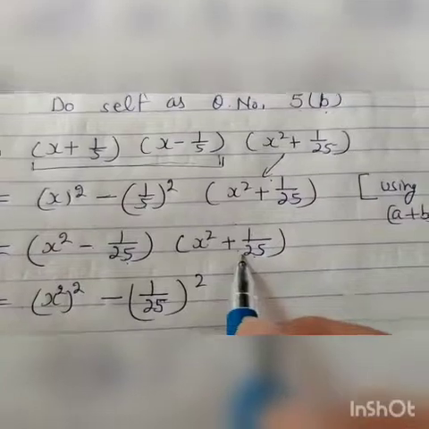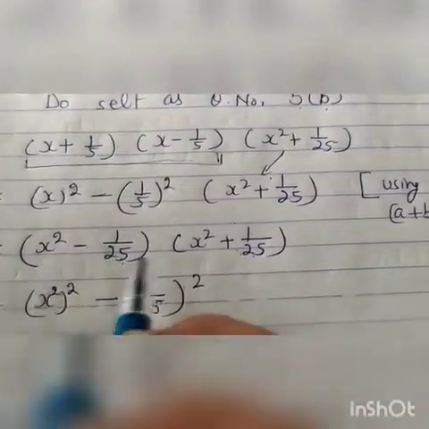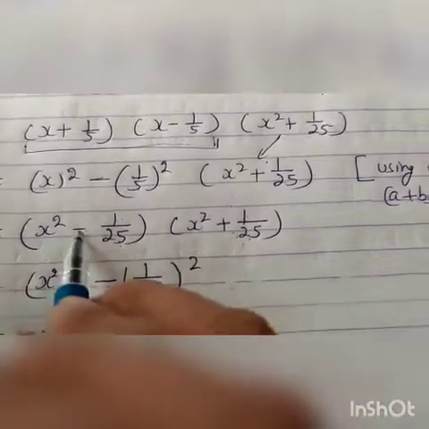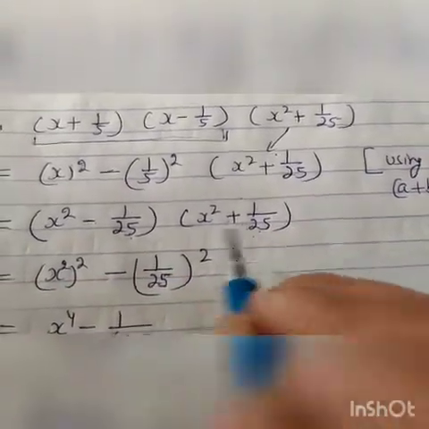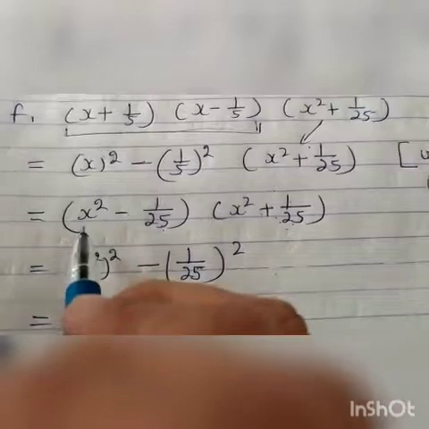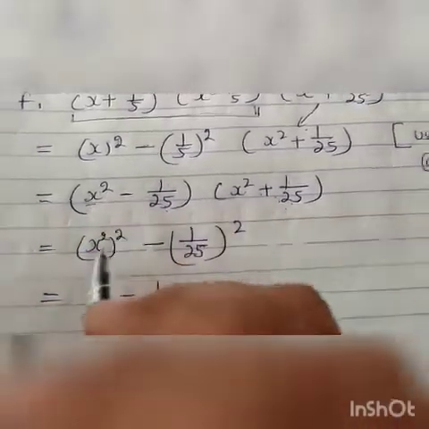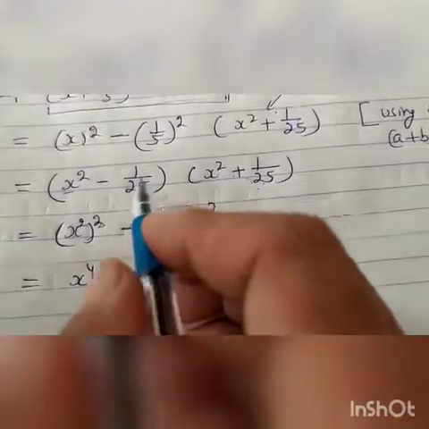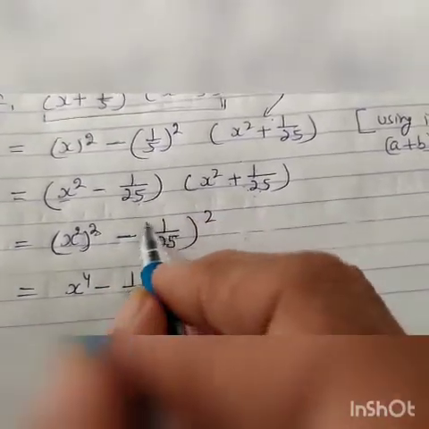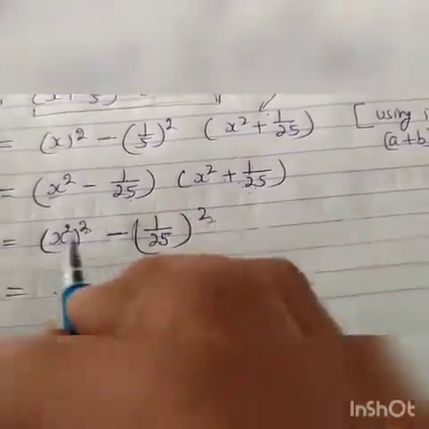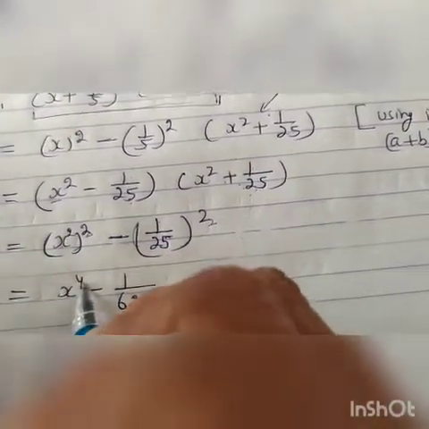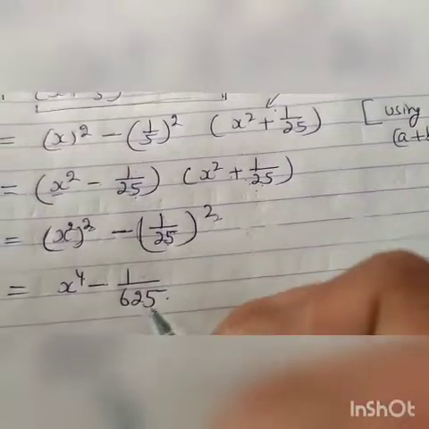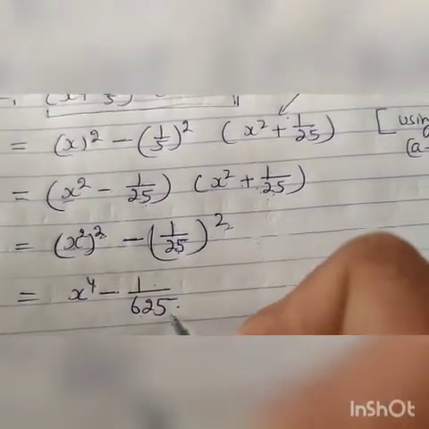Again there are two expressions with same terms, x square and 1 upon 25, but with opposite sign. So again we will apply the same identity. First term is x square, so we will write x square whole square minus second term 1 upon 25, 1 upon 25 whole square. X square whole square means x power 4, minus square of 1 is 1 and square of 25 is 625.